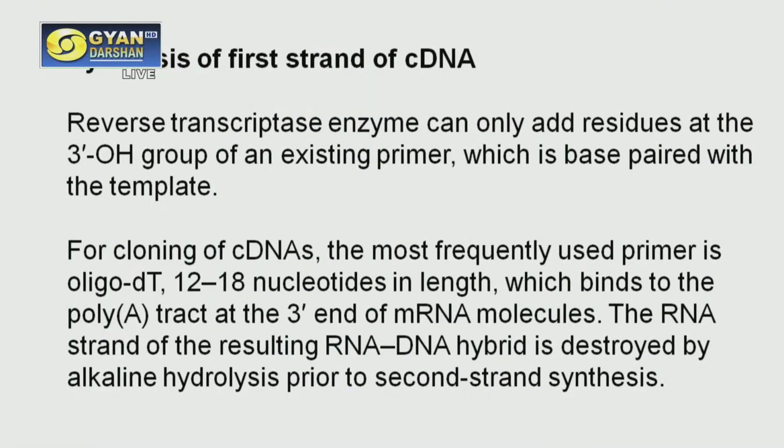Second step is synthesis of the first strand of cDNA. So how do you prepare it? By using reverse transcriptase. And I already talked about the oligo-dT cellulose column, because only the messenger RNA will bind to oligo-dT, because they have the poly A tail at the 3' end.